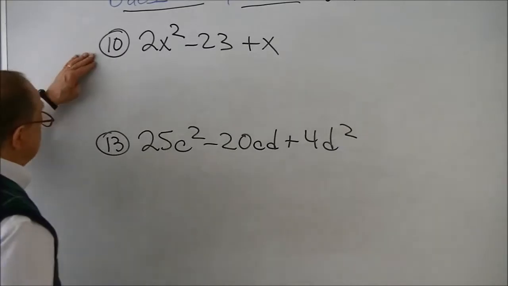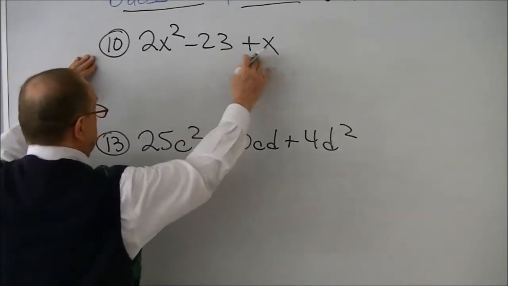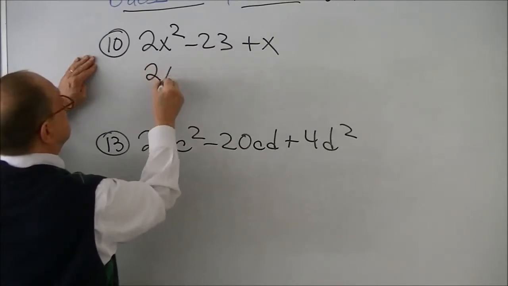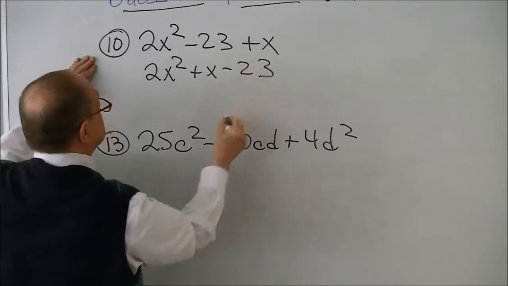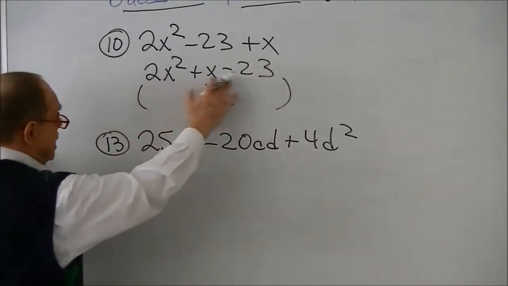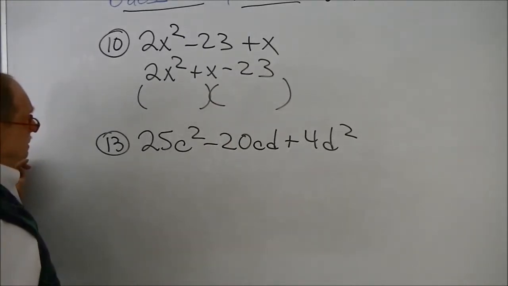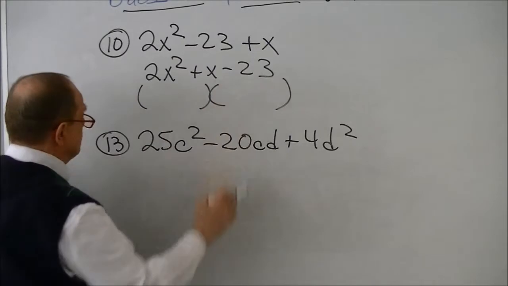As we look at example 10, we see it's not in standard form. There's no common factor. Now 2 is prime and so is 23.